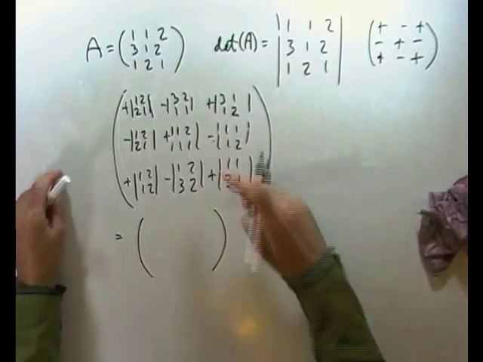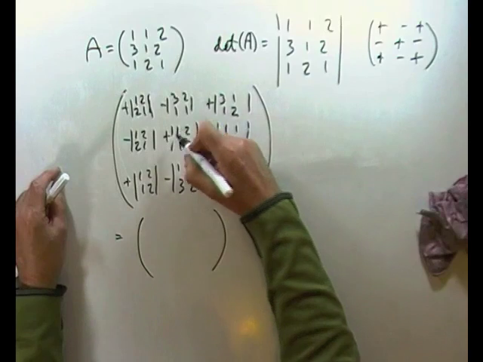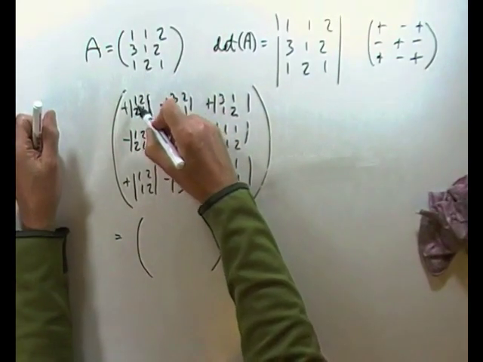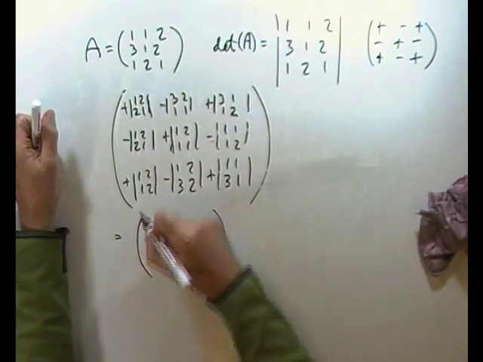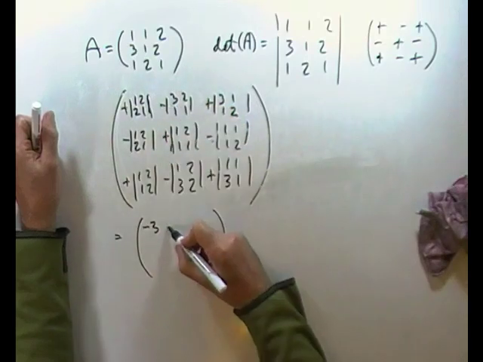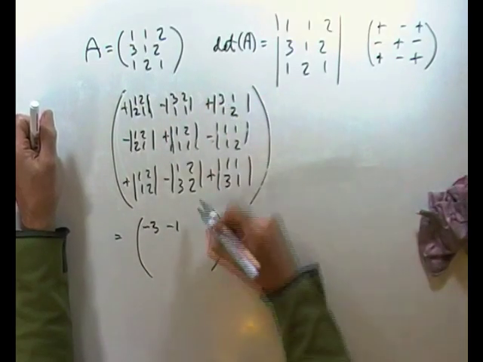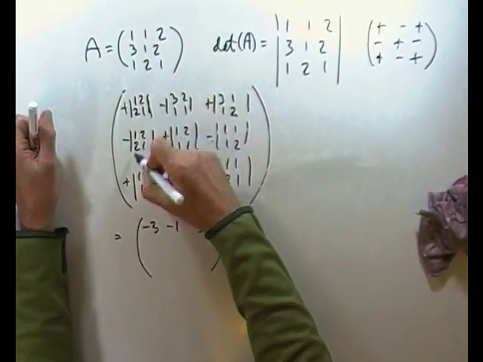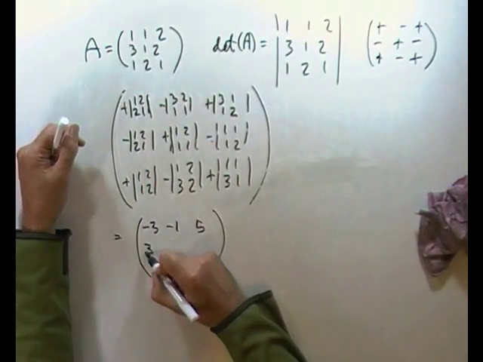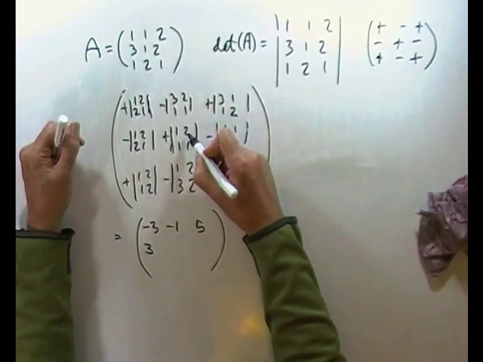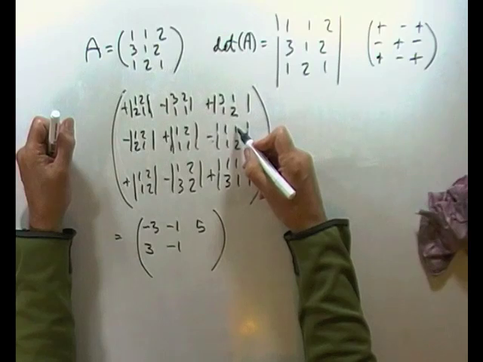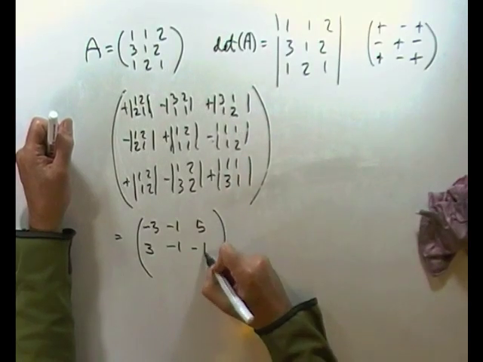Because now what I want to do is just determine the values of each of these little minors. They're just little 2 by 2 matrices, 2 by 2 determinants. So that's 1 take away 4, -3. 3 take away 2, 1, but call it negative. 6 take away 1, 5. 1 take away 4 is negative 3, but call it negative, so 3. 1, take away 2, negative 1. 2, take away 1, that's 1, but call it negative.